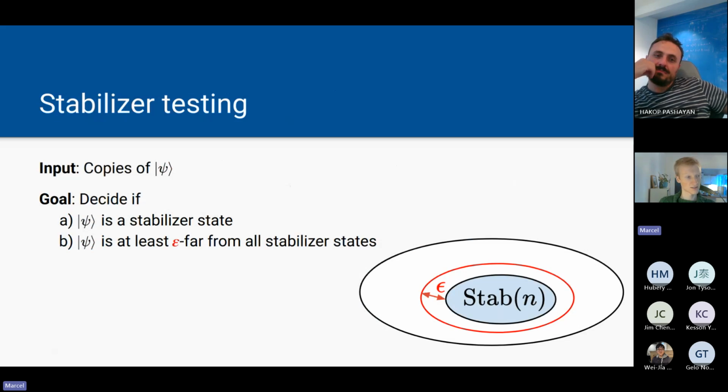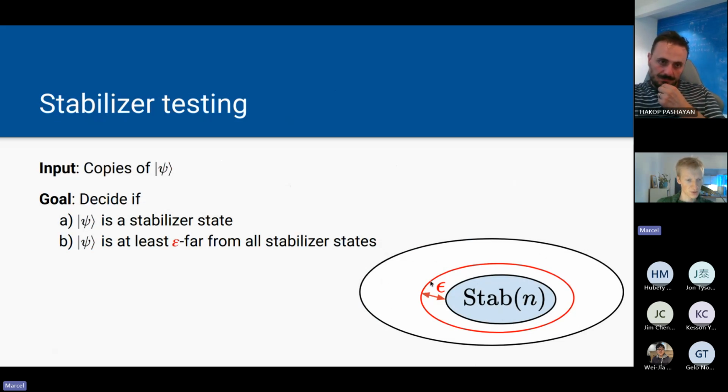The input to the task is just copies of some unknown state psi. And your goal is to decide if this unknown state is either a stabilizer state or it is at least some epsilon distance away from the set of all stabilizer states. So in this picture down here, there are basically two possibilities. You're promised that your unknown state psi either lives here in the set of stabilizer states or in the outer shell here.